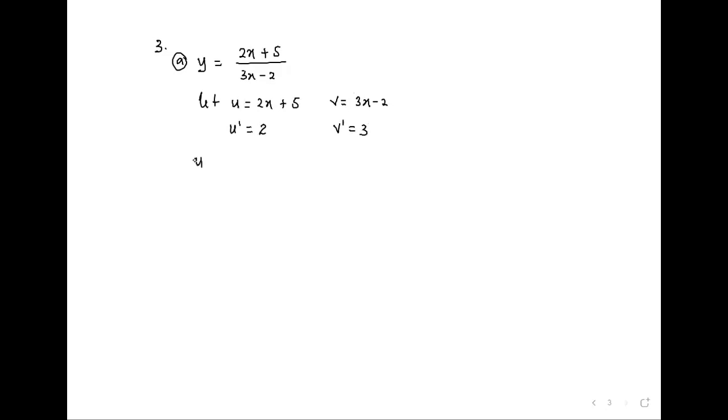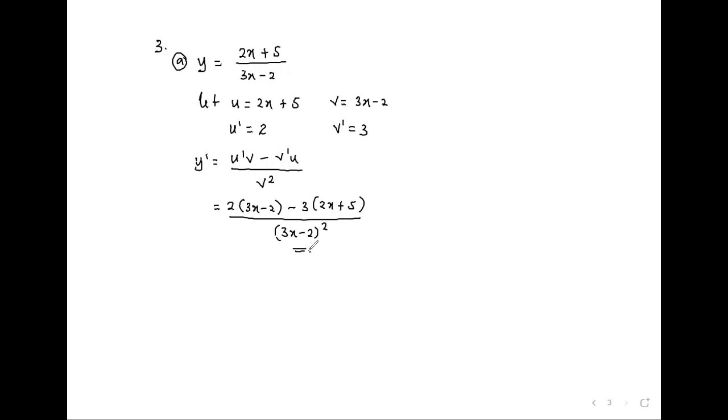So you have y prime equal to (u prime v minus v prime u) over v squared. That is, u prime is 2 multiplied by v, minus v prime is 3 multiplied by u, over v squared.